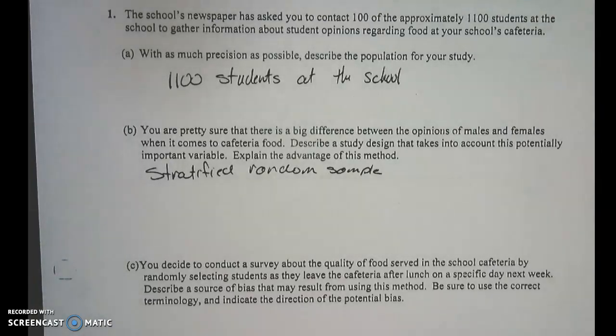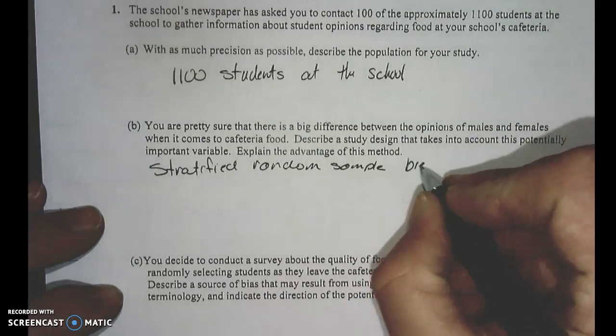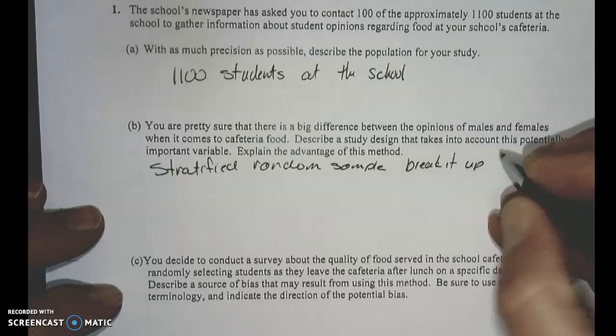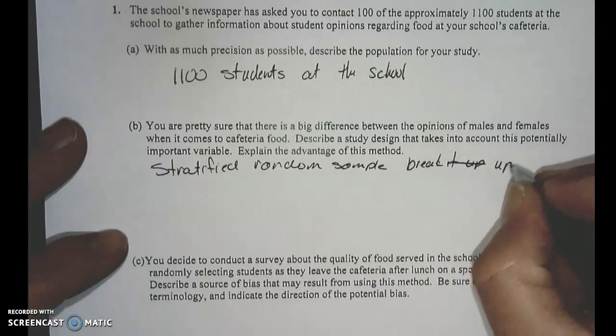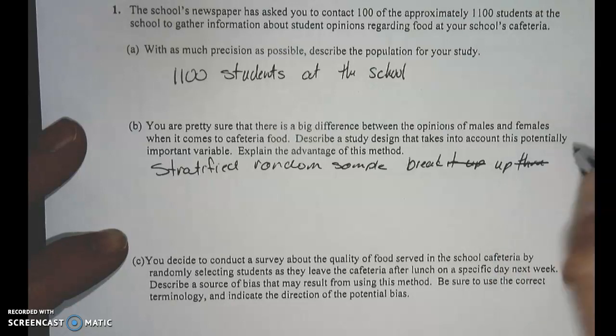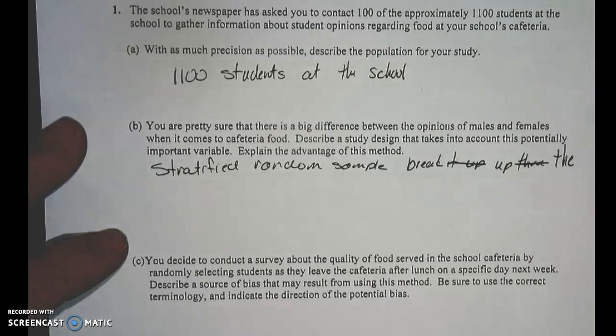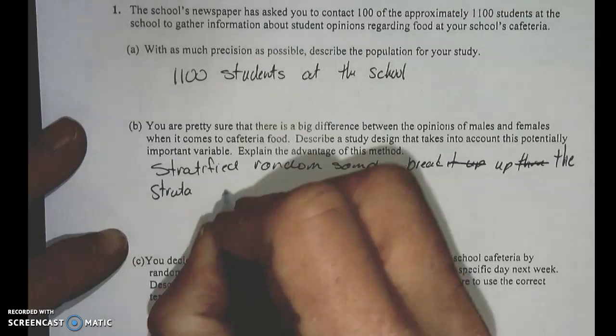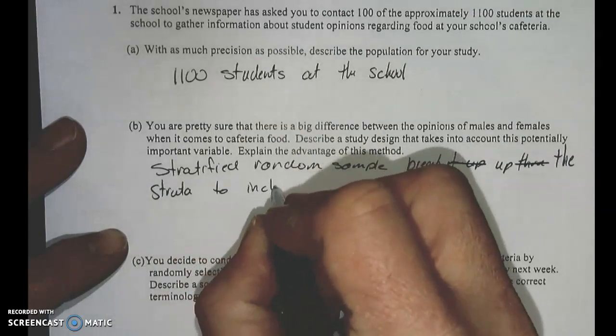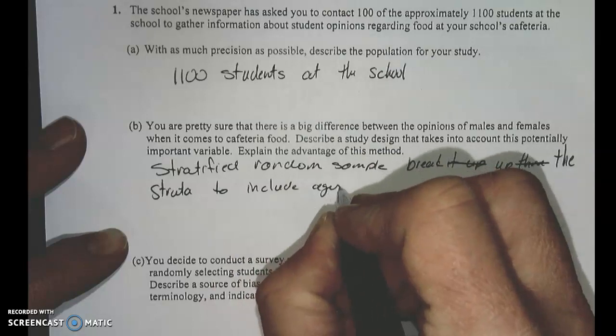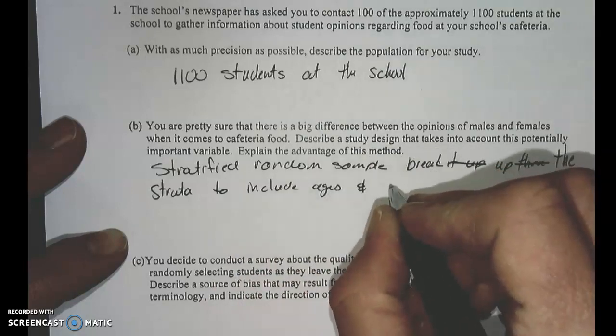And because I don't know if it's a high school with the four classes, or an elementary or junior high or whatever, I'll break up the strata to include ages and gender.